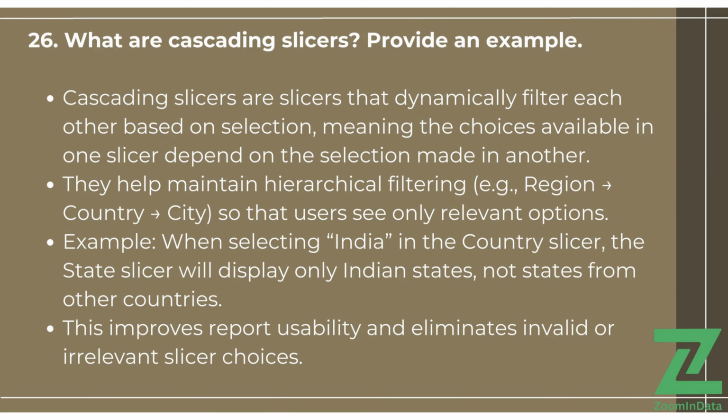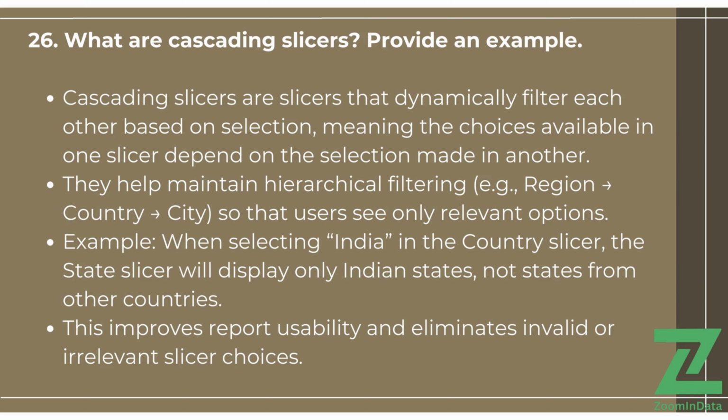26th question. What are cascading slicers? Provide an example. Cascading slicers are slicers that dynamically filter each other based on selection, meaning the choices available in one slicer depend on the selection made in another. They help maintain hierarchical filtering, for example, region leads to country leads to city, so that users see only relevant options.